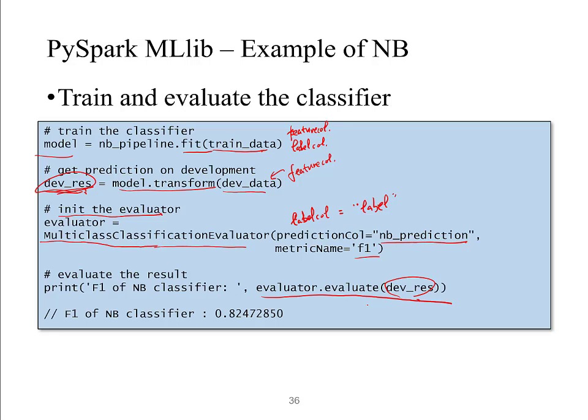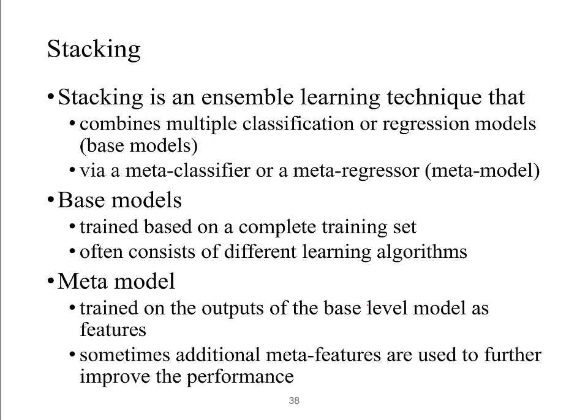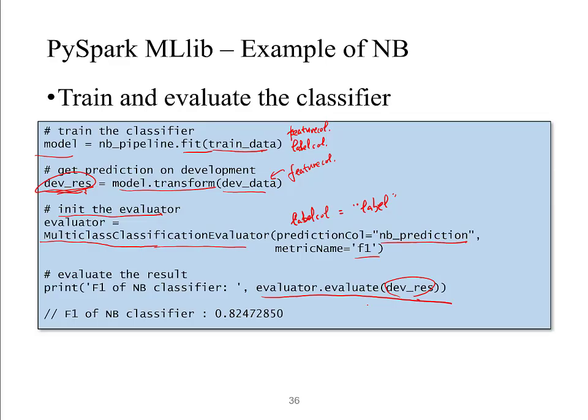So that is pretty much all for this example of using the machine learning library to do naive Bayes. In the project, we will use another two machine learning methods. One is SVM, support vector machine, and one is LR, logistic regression.